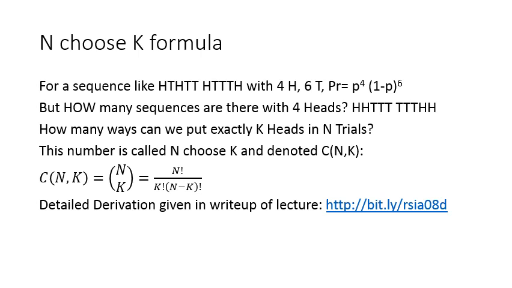It can be computed that this n choose k, which is also written as parentheses with n on top and k on bottom, is n factorial over k factorial times n minus k factorial. A detailed derivation of this formula is given in the write-up of this lecture. But we will just take this for granted, that this is how many sequences there are.